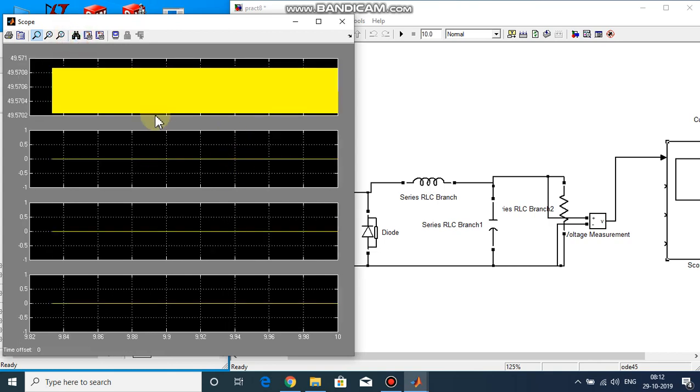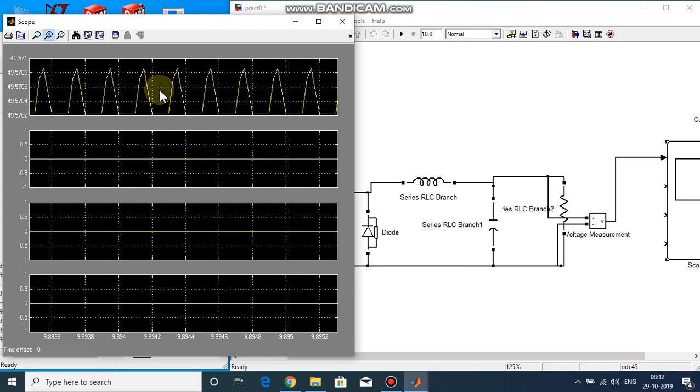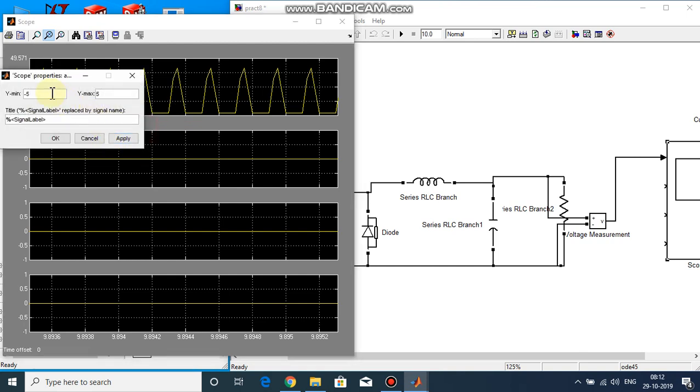So that's the oscilloscope. Let's zoom in a bit. These are the pulses. It looks like a distorted waveform, but it is not. This is a very good waveform because we are having an oscillation from 49.570 to 49.570. That's terribly good, like, too good.